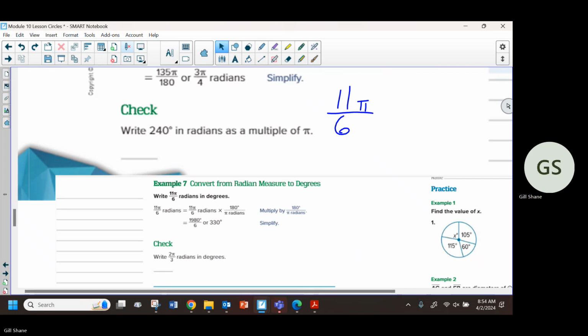Didn't work. No, 183%, because what is 11? Just 11/6 is what? Good. Wait, which one are you doing? You're doing this one, right? So what's 11/6 as a number? Your decimal.